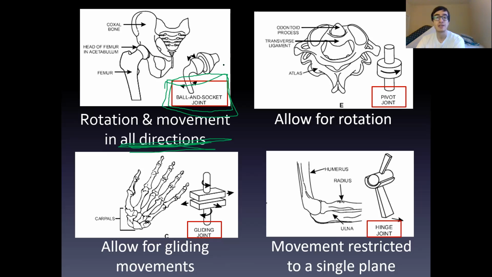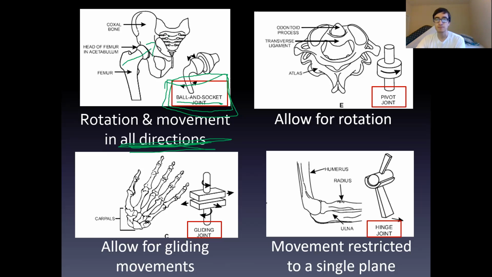We find these in our hips, where the femur connects to the hip. That's what allows you to move your leg and twist it all around. We also have a ball and socket joint in our shoulder. The reason we're able to make big windmills or twist our arms back and forth is due to the ball and socket joint. All forms of directional movement are allowed by this joint.